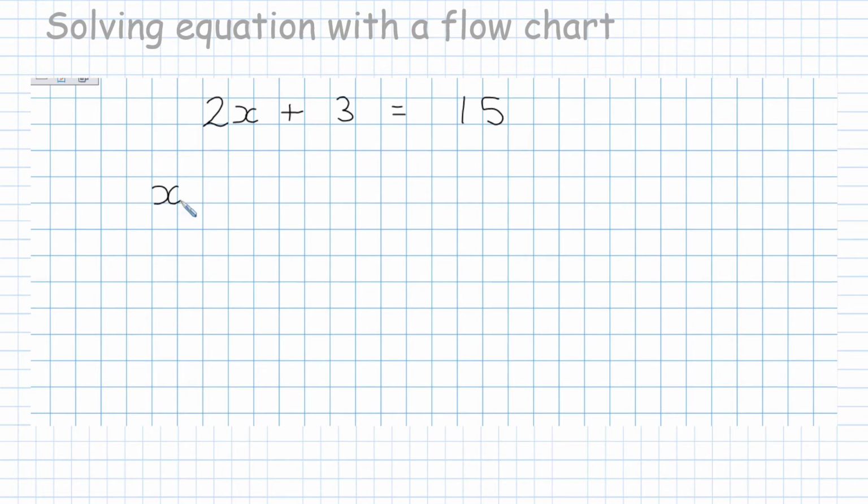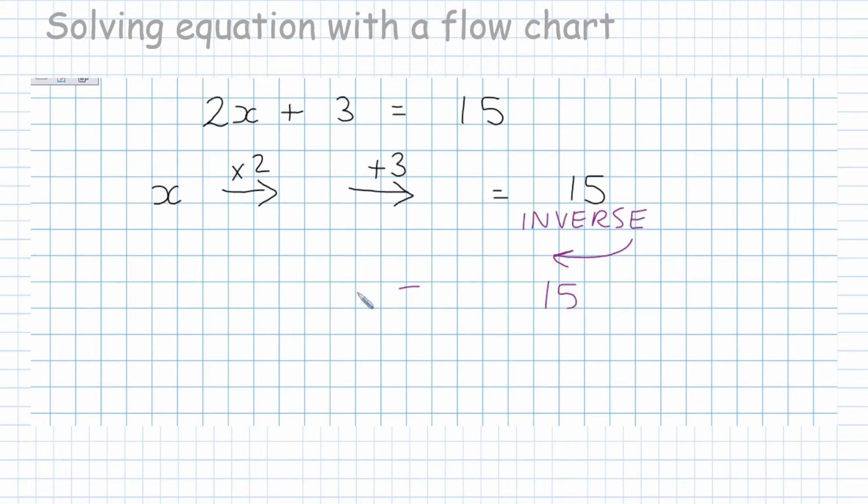So we started with x, and the first step was multiplying it by 2, because it's 2 times x. The next step was adding 3. So we took our mystery number, we multiplied it by 2, we then added 3, and we got the answer 15.